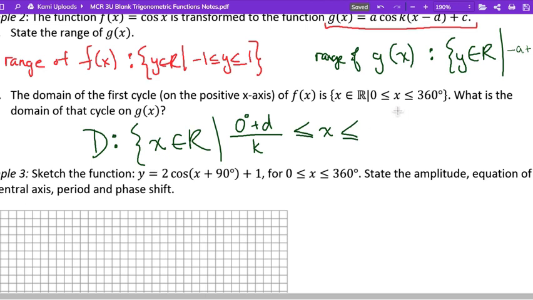And on the other end of the domain of the first cycle is 360 degrees. Again, horizontal phase shift divided by k. This one, horizontal, is always the trickier one. Now, this would change if I said on the first two cycles, right? Then we're punching in 0 to 720.